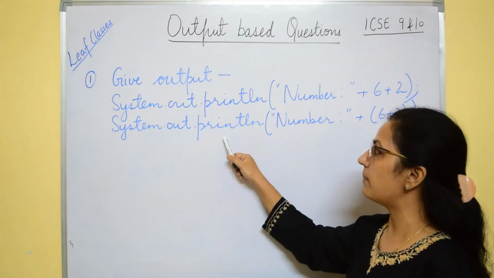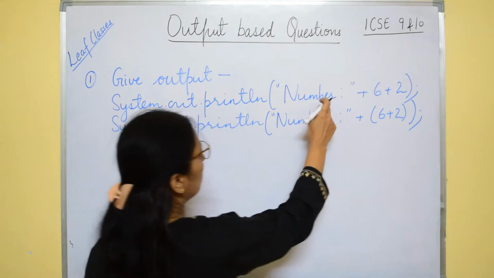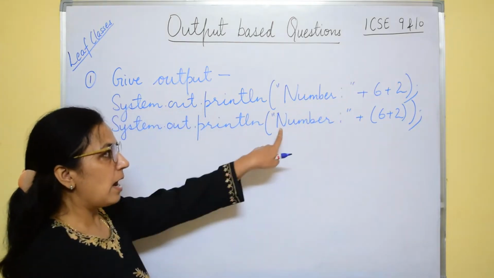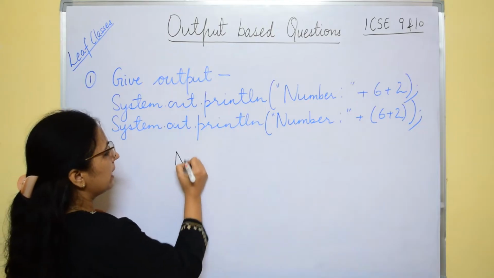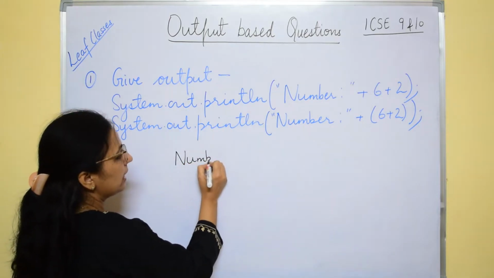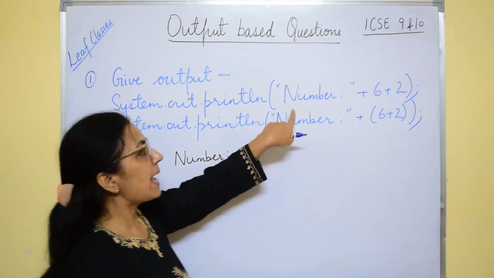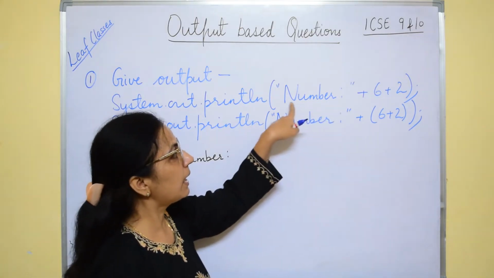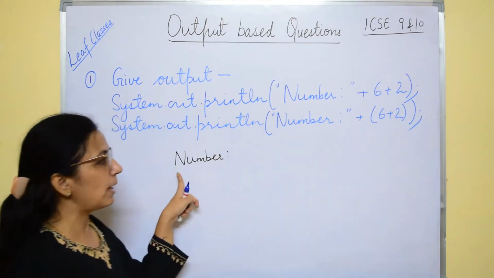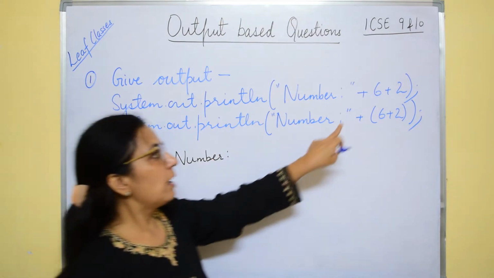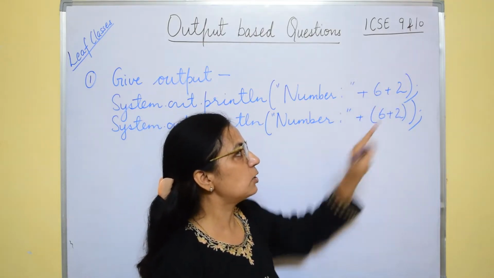Two print statements are there with println. So after this output, the next output will be on the next line. The output for the first line is Number and colon. Exactly how it is written here will appear in the output. N is capital, so N will be capital here. Now after this, plus and 6, plus and 2.